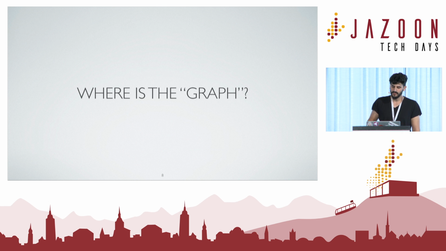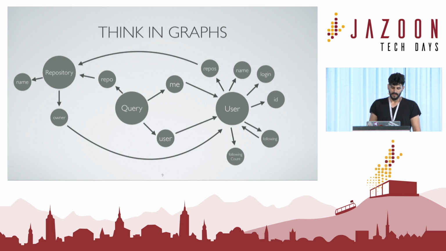So I've explained to you what the query language is in GraphQL, but it does contain graph in it, so where is this graph? Well, because of the way GraphQL works, it requires us to define our whole application domain as a graph. Our application domain is really just the different entities and relations between them.